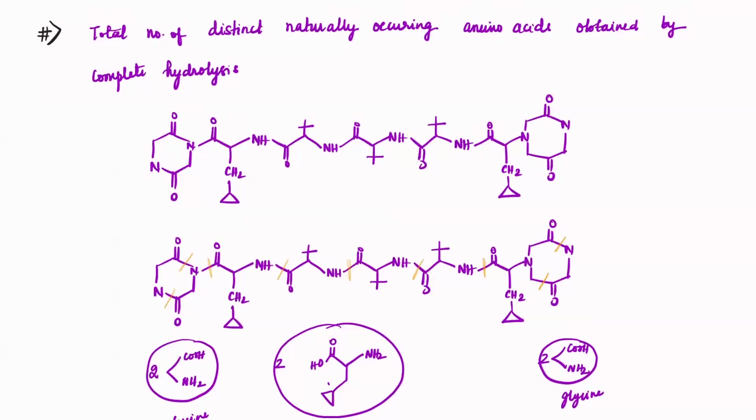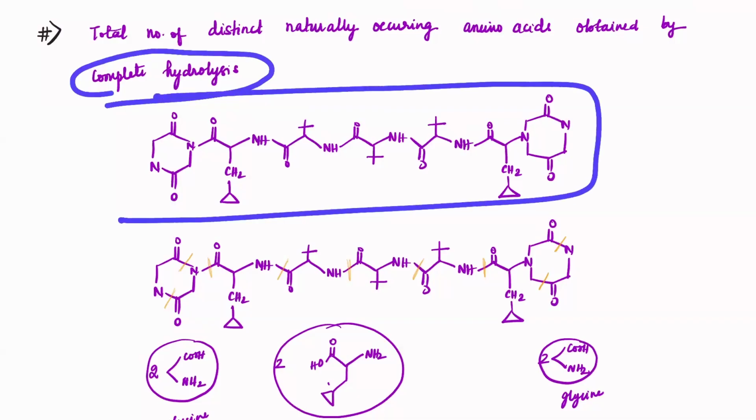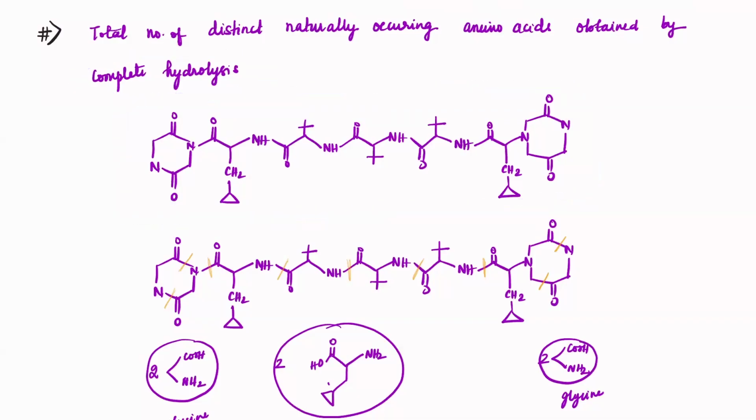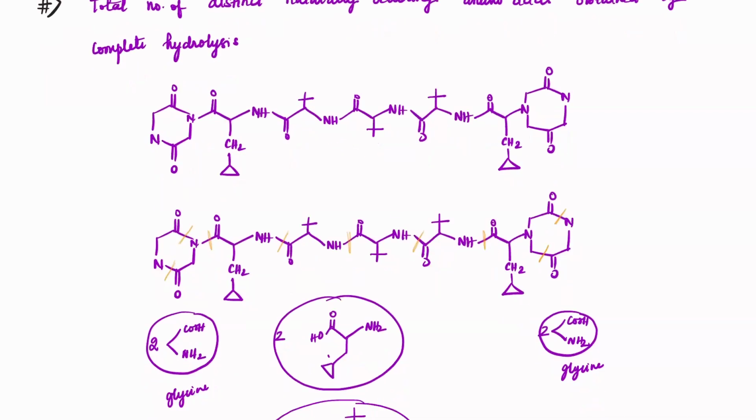This I'll add to your notes. The question goes like this: total number of distinct naturally occurring amino acids obtained by complete hydrolysis of this molecule. So a molecule was given, and I need to hydrolyze it and figure out how many naturally occurring amino acids are present. Okay, so check this out.